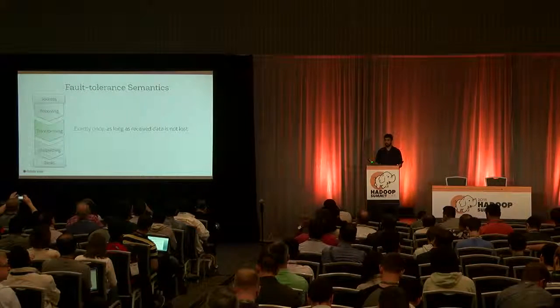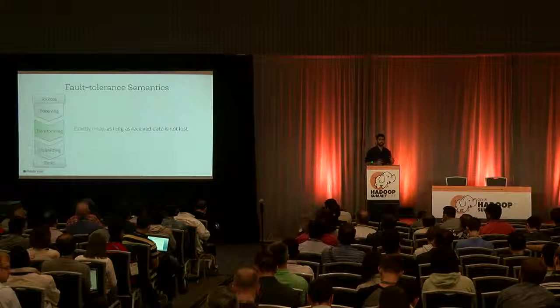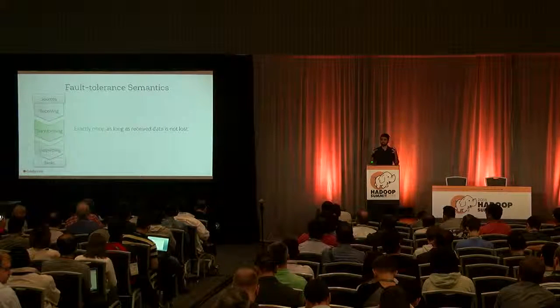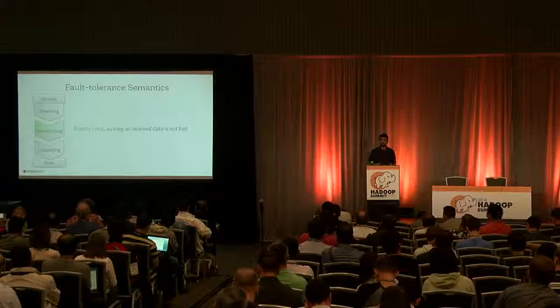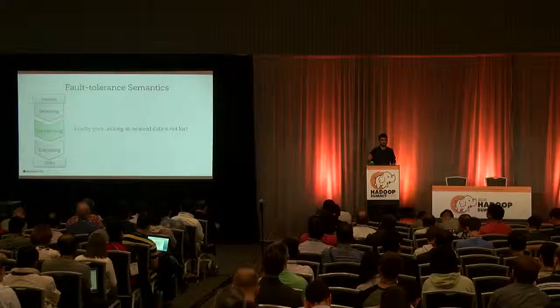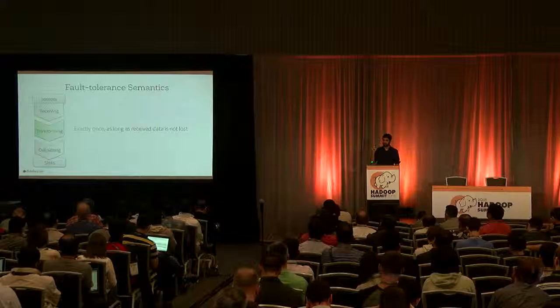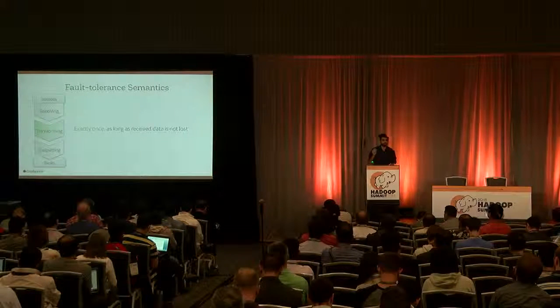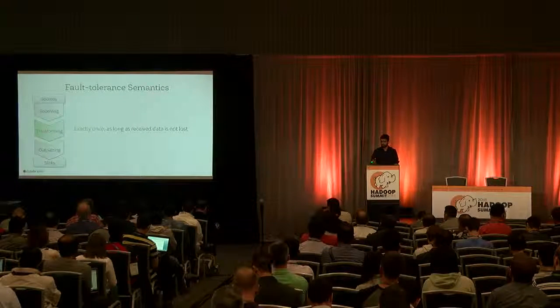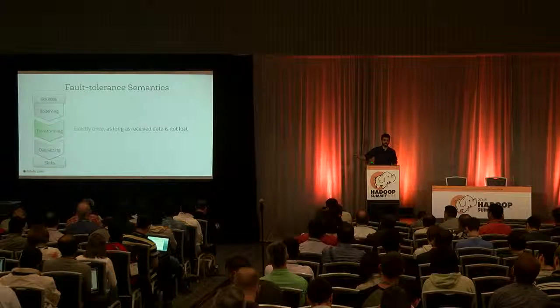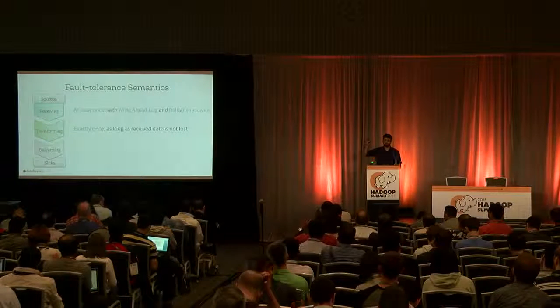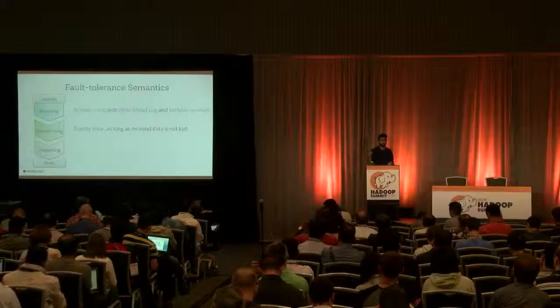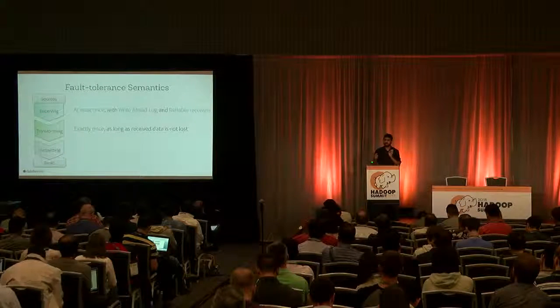The transforming part, because it is Spark underneath, gives exactly once guarantees on all the RDD transformations, as long as the received data is there, all the transformations will be exactly once. Now to ensure that the received data is there, you obviously need to enable write-ahead log and reliable receivers, which gives at least once guarantees.